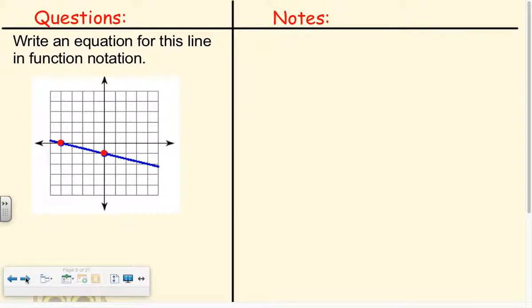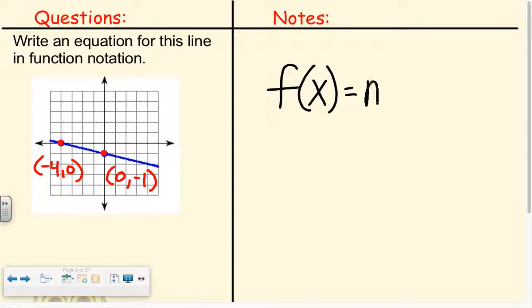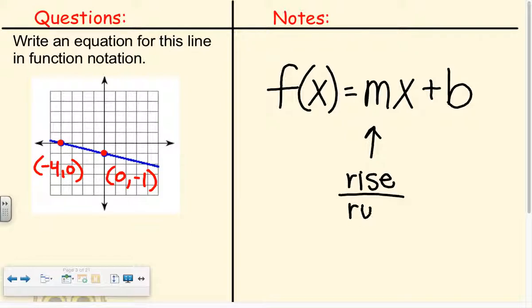Alright, second one. The ordered pairs for this graph are 0, -1, and -4, 0. Again, our equation is f of x equals mx plus b, where m is our rise over run, and b is our y-intercept.